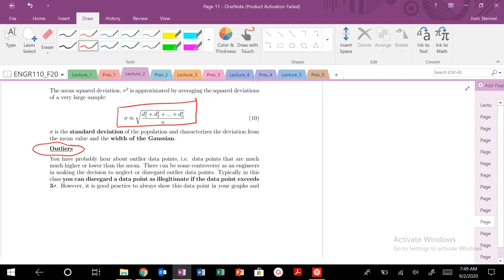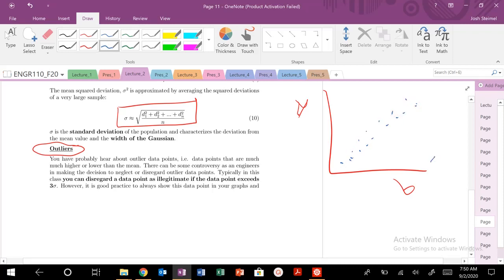As ethical engineers, you really want to always show all of your data points. If we have a plot of y versus x, and everything's looking nice and linear, but then you have one point that is way over here, you still want to show that data point on your graph.